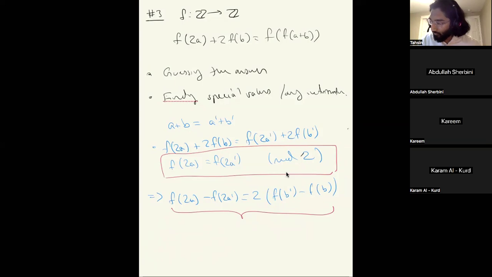This is true whenever the original equation is true, right? But what is this original form saying? It's saying that if a minus a prime equals b prime minus b, so if the difference in the a's equals the difference in the b's, then this thing is true, right?